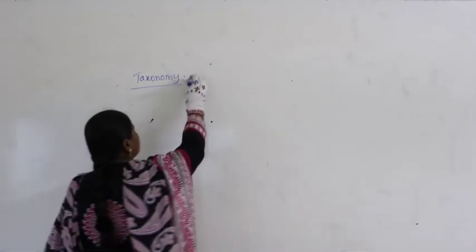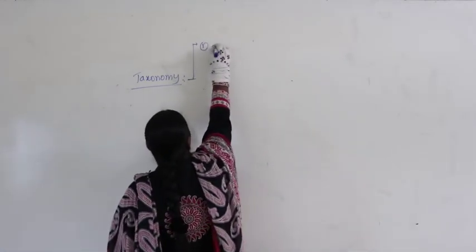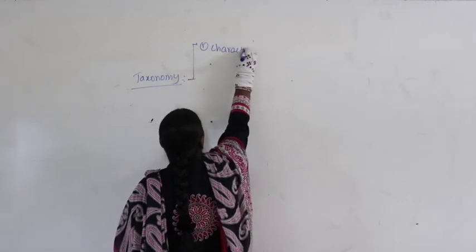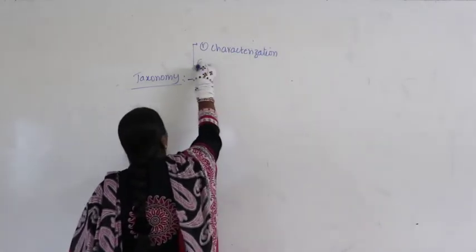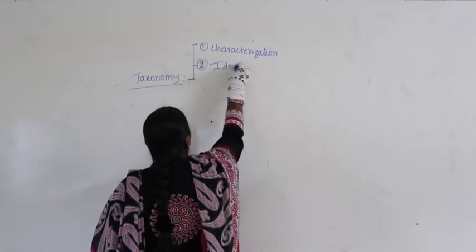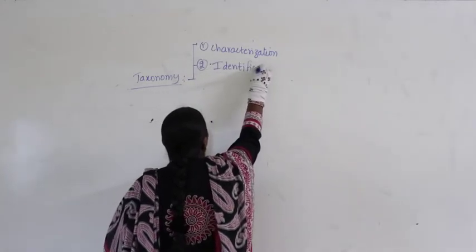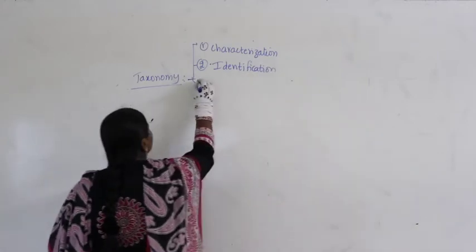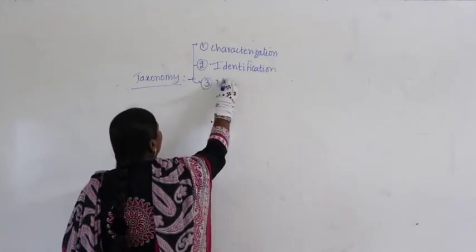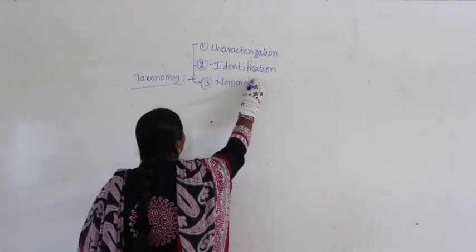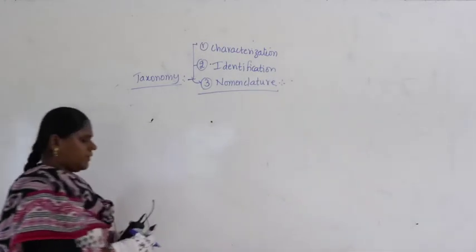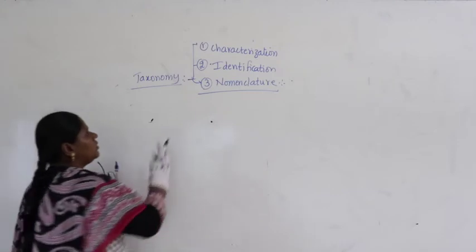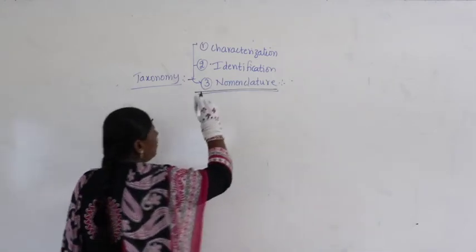So, what components were we discussing? The first one we completed, that is characterization. Then the second one is identification. And the third one is nomenclature. So, we are here in the discussion about the third one, called nomenclature. What is the meaning of nomenclature?